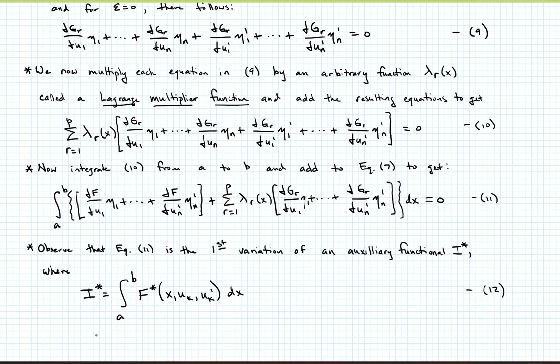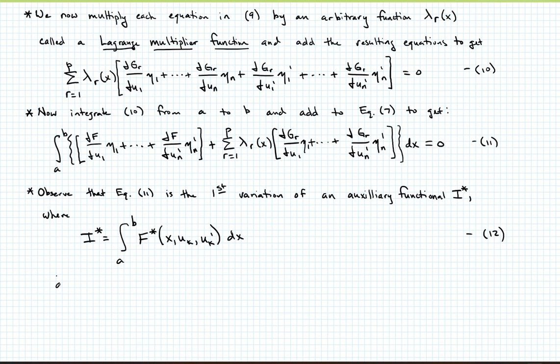Let me also define what f star is in this case. f star of x, uk, and uk prime is equal to the integrand from the original functional, which is just f of x, uk, and uk prime, again using some shorthand there.